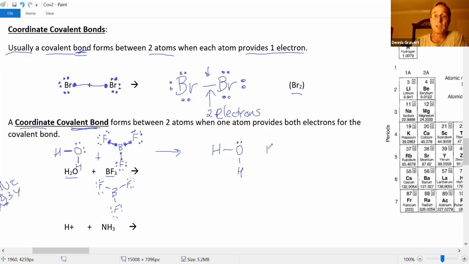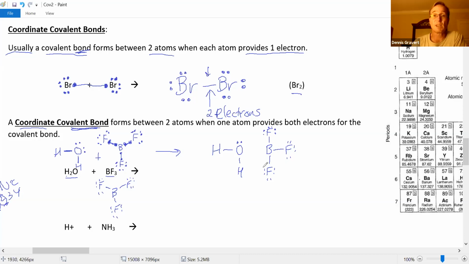I'm going to do that in a minute. Boron, I'm going to push one of the fluorines, this fluorine on the left side, straight up. It still has all 3 of its lone pairs. The other fluorine, I'm going to kind of swing it down, just make it easier to draw. And also, these bonding electrons repel each other. They're going to spread the atoms out so the electrons can get farther apart.